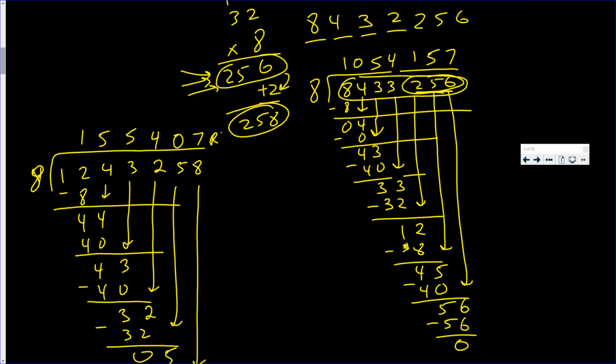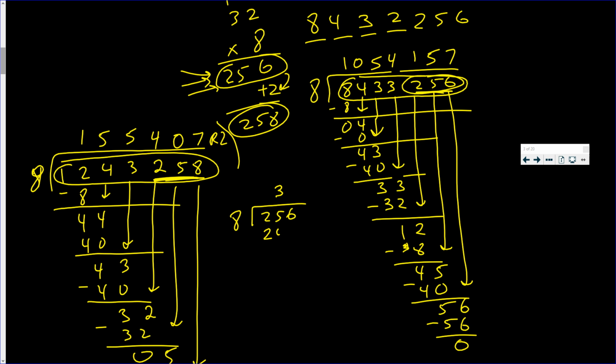So it doesn't go in evenly. 8 does not go into this number because 8 did not go into 258. 8 goes into 256 32 times. That's 24 with 1 left over.